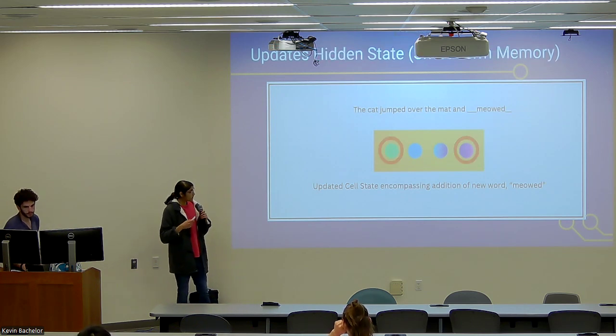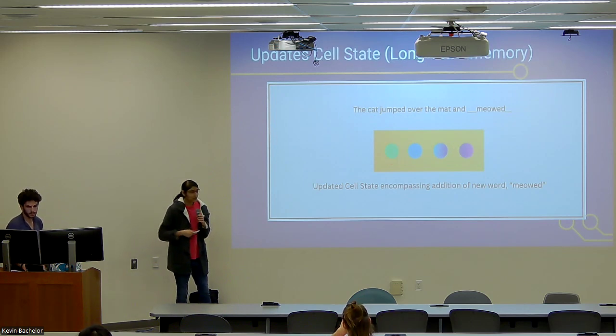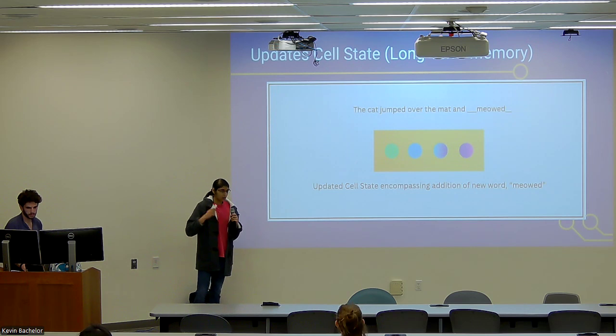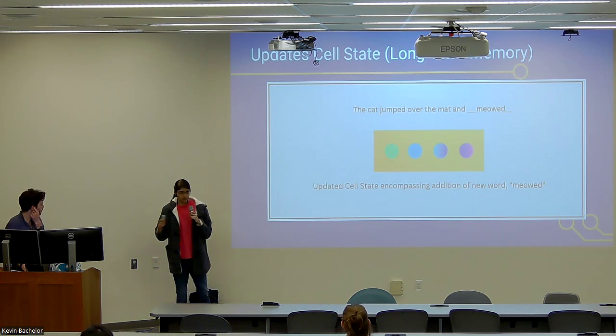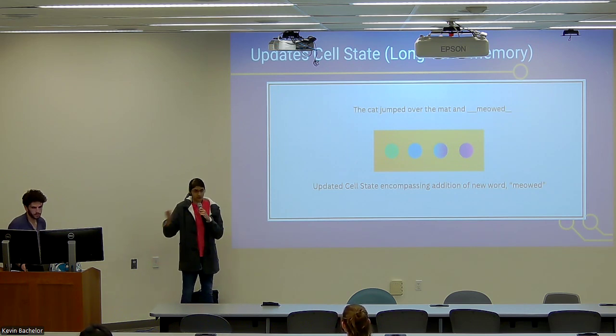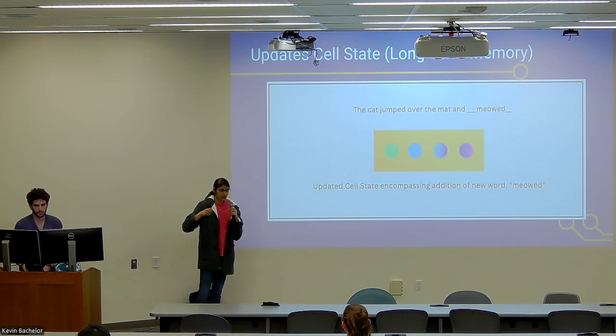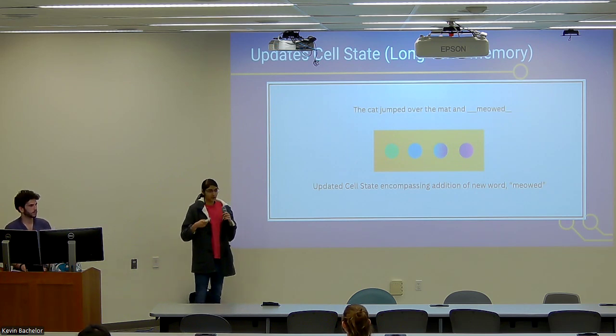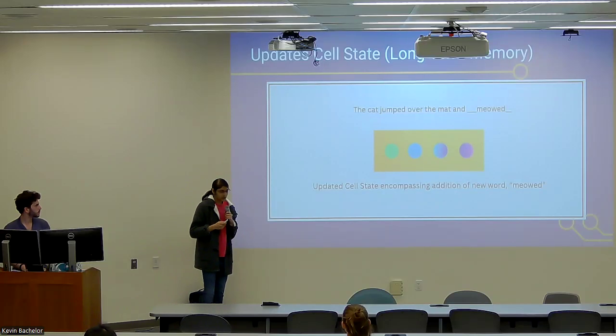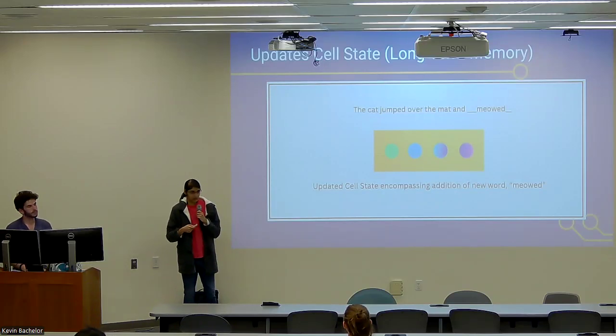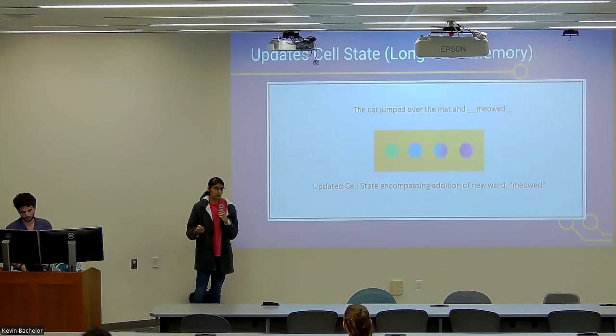Okay, so now that, can you go back? Yeah. So this process was updating your long-term memory. So you're throwing out stuff from your house and you're adding new stuff, and now this newly updated house is your long-term memory. And in that, we said the LSTM updates the long-term memory and the short-term memory.